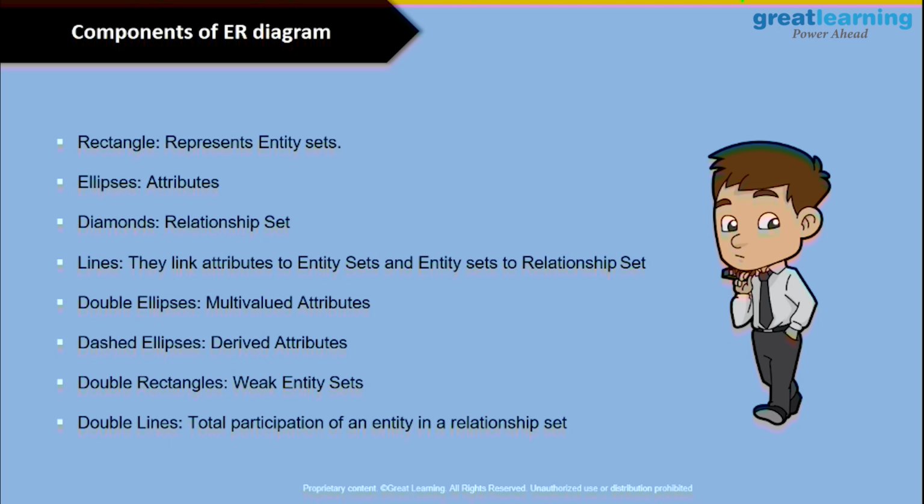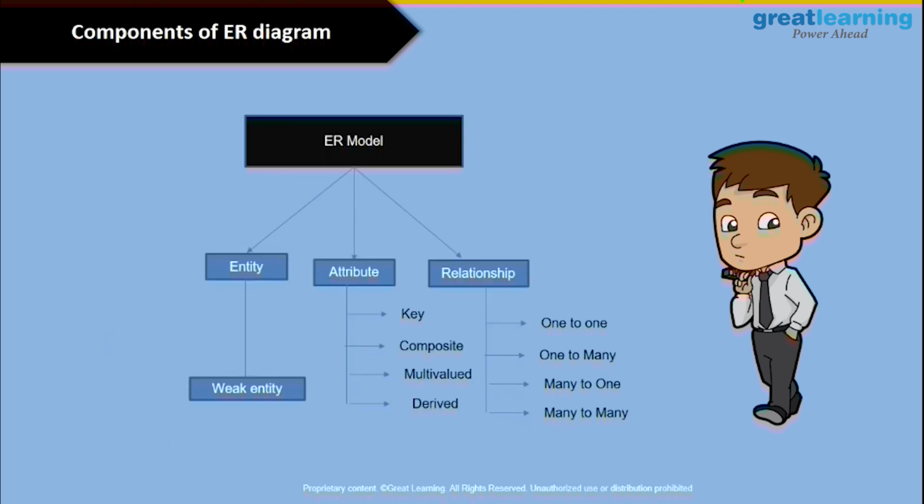Lines link attributes to entity sets and entity sets to relationship sets. Then double ellipses are multivalued attributes, dashed ellipses are derived attributes, and double rectangles are weak entity sets. Yes, I just want to say, hey, this is a weak entity. Then double lines show total participation of an entity in a relationship set, right? Okay, so these are the components and these are the symbols we use.